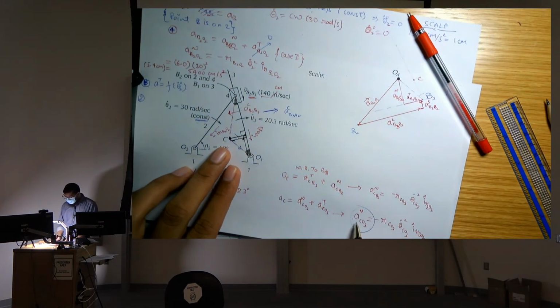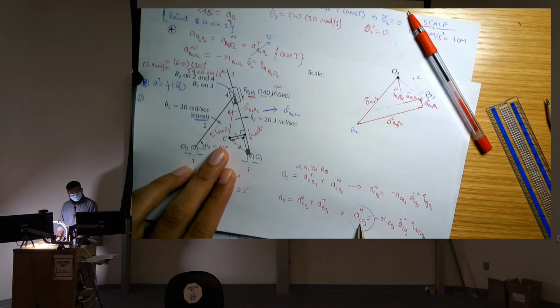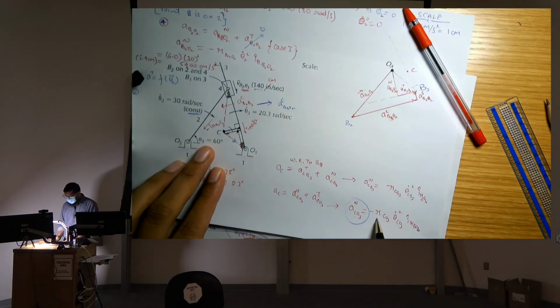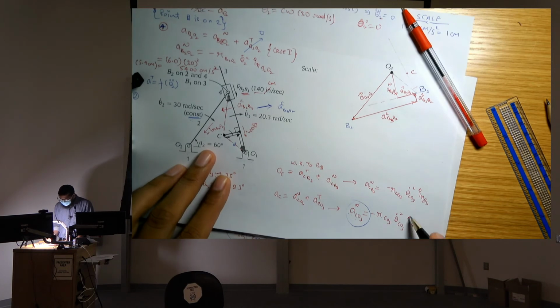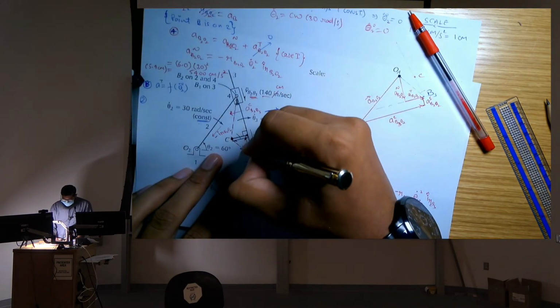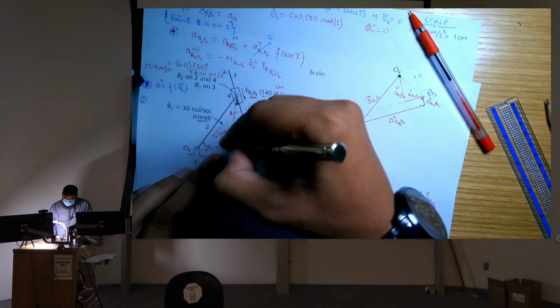The normal component of CO3 is R_CO3 theta dot CO3 squared, the rotation speed that we have, in the direction R_BO3, so the direction is towards this.